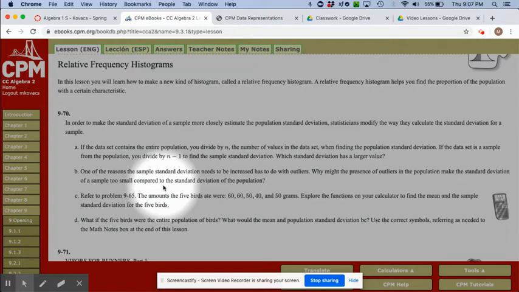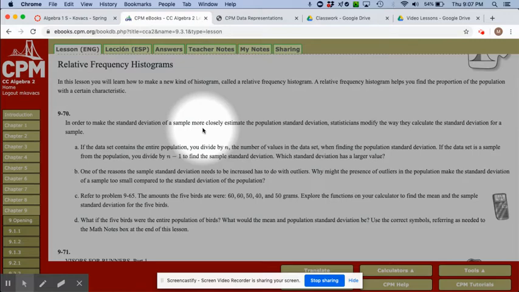So for 9.70, a data set, this is important, in order to make the standard deviation of a sample more closely estimate the population's standard deviation, like if you just sample 100 people but you want it to represent the whole population, then statisticians actually modify the way they calculate standard deviation for the sample to account for the smaller sample size.